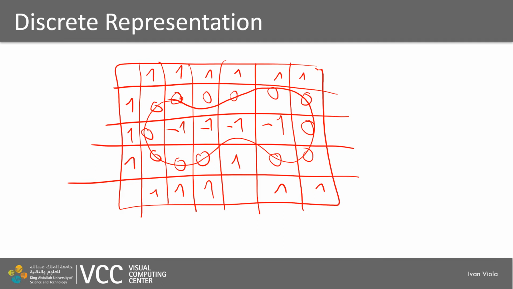And then we perform another iteration to have the distance 2. And if our grid is larger, we can define even larger distances.